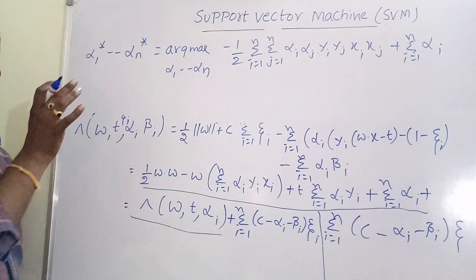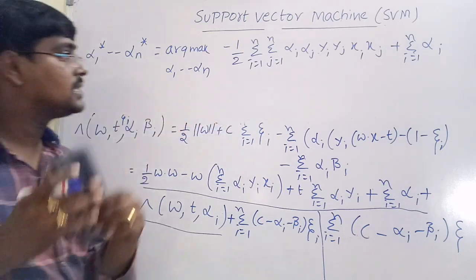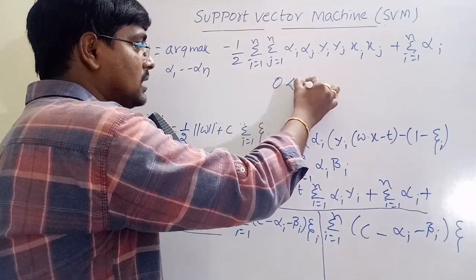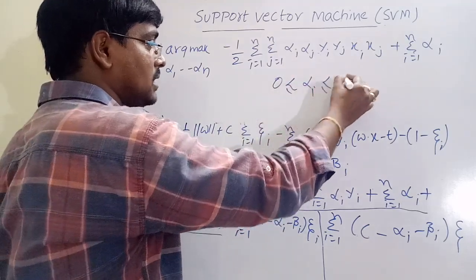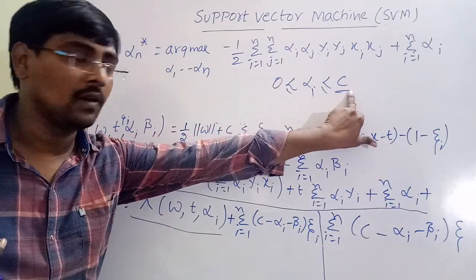This is the dual optimization problem, subject to 0 less than or equal to alpha i less than or equal to c. Make the decision on the upper bound, c.